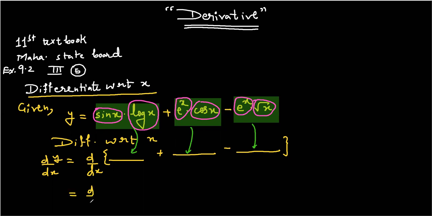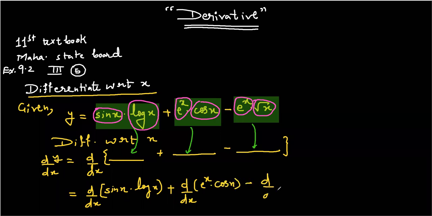So you have d by dx of the first term, which is sin x multiplied to log of x, plus d by dx of the second term, which is e raised to x multiplied to cos of x, minus d by dx of the third term, which is e raised to x multiplied to square root of x. And on the left side, you have d by dx of y.